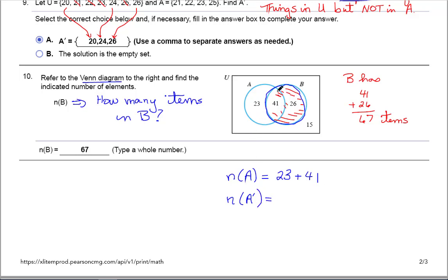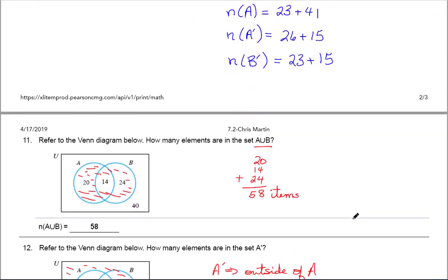That's everything outside of A. Well, that'd be 26 and 15. What if I wanted the number of things in B complement? Everything outside of B. Well, let's see. 23 and 15. So it's just a question of tracing where things are at.